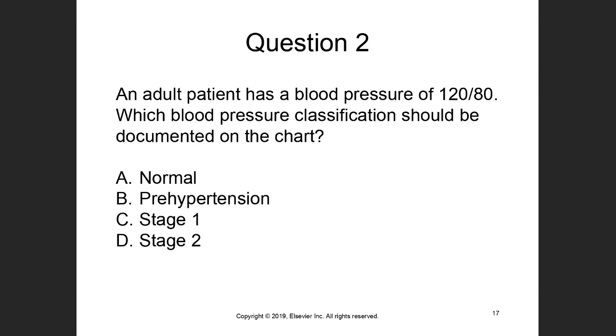Which blood pressure classification should be documented on the chart? B, exactly, because due to the new regulations, 120 over 80 is pre-hypertension. So if you have 119 over 79, that's normal pressure, okay?